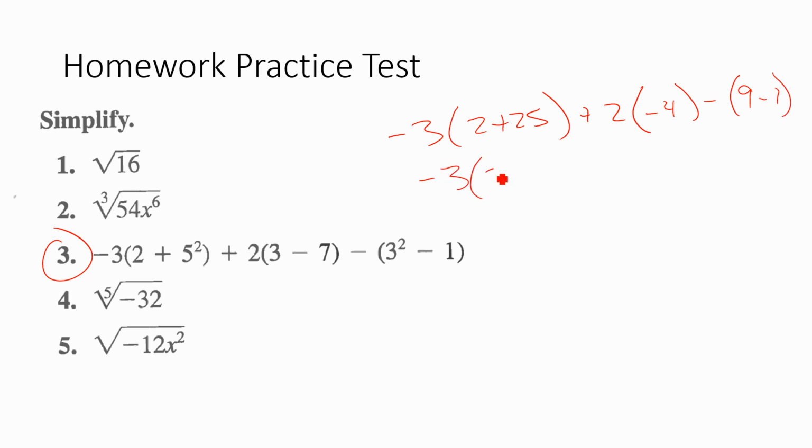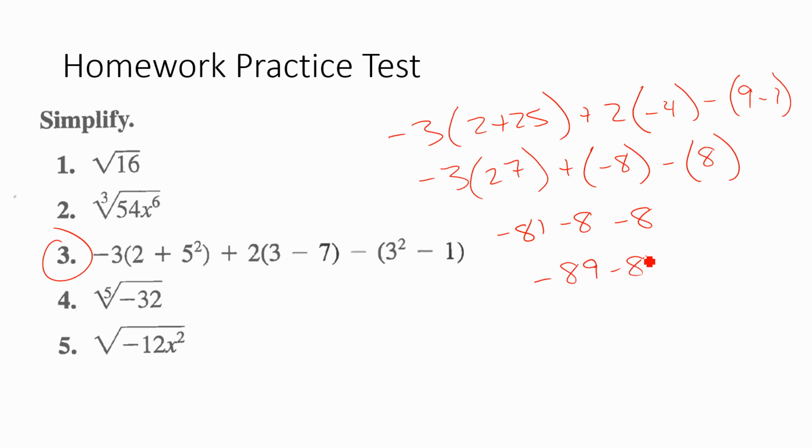So negative 3 times 27 plus negative 8 minus 8. And positive negative 8 minus 8 is going to be negative 16. Negative 3 times 27 is negative 81. Minus 8 minus 8, that is negative 89. Minus 8 is negative 97.